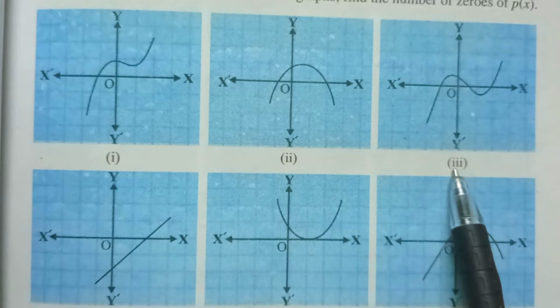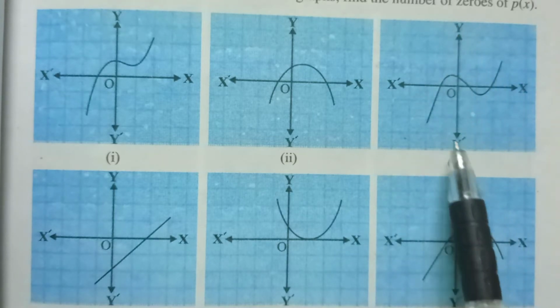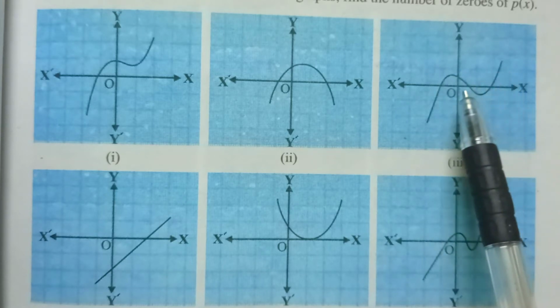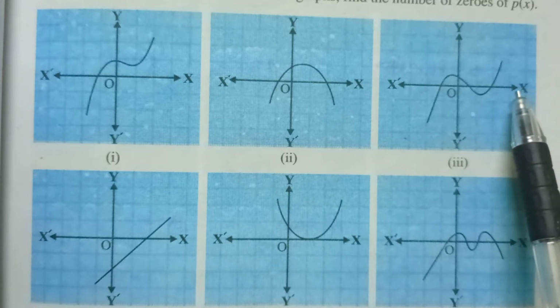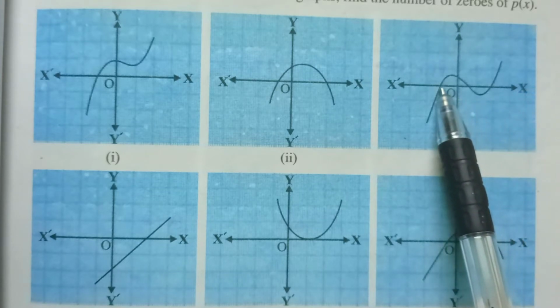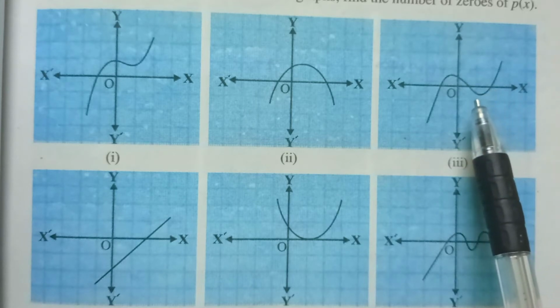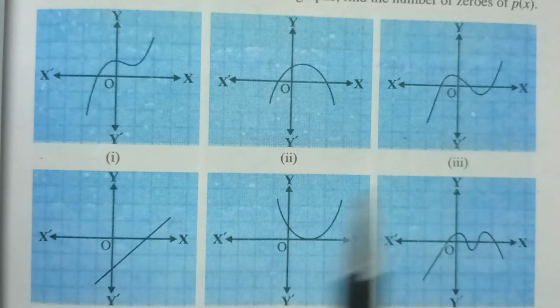The graph in graph 3, you can see x-axis, y-axis. The graph is going like this and this graph is touching the x-axis at exactly 3 places: 1, 2, 3. Therefore, the number of zeros of this polynomial is 3.